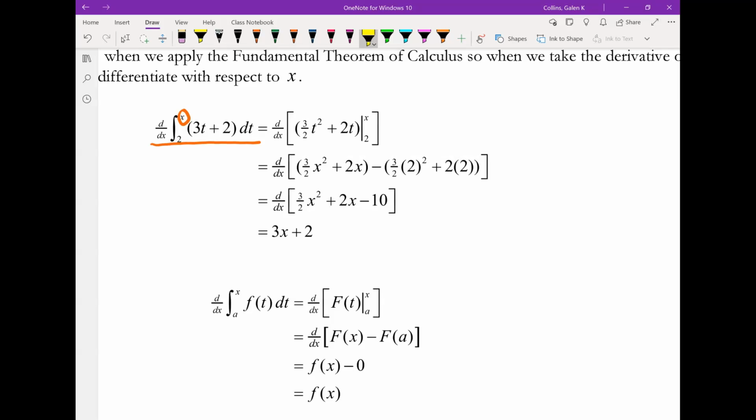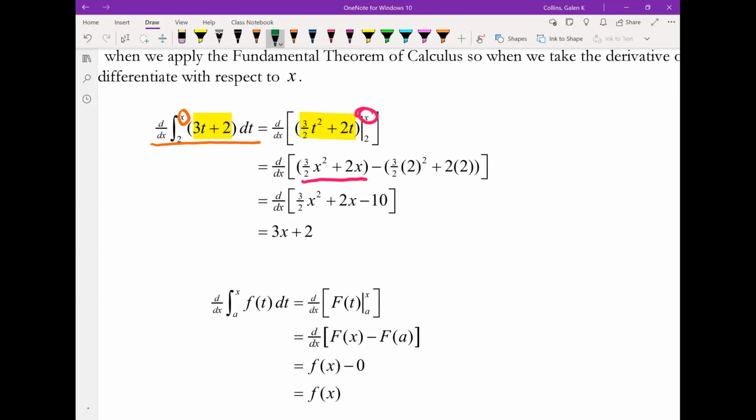All right, the first step is that if we have this 3t plus 2, we could find the antiderivative. Normally, like in the example above, we would add a constant of integration. However, since this is not an indefinite integral, but has limits of integration 2 and x, that's unnecessary. Because next, when we evaluate the antiderivative at the upper limit minus the lower limit, all of this that I am underlining in coral is the antiderivative evaluated at this upper limit x.